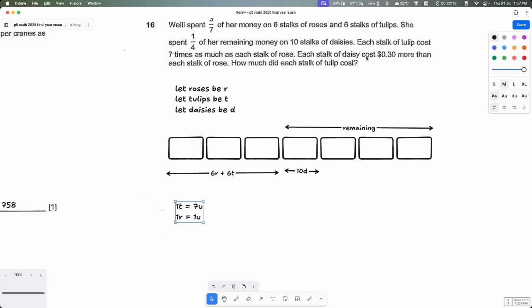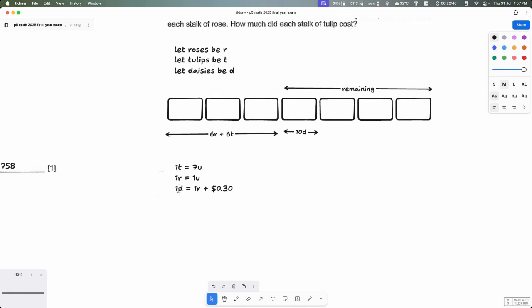Then each stalk of daisy costs, this is the last one, 30 cents more. So one daisy is equal to 1R plus $0.30.